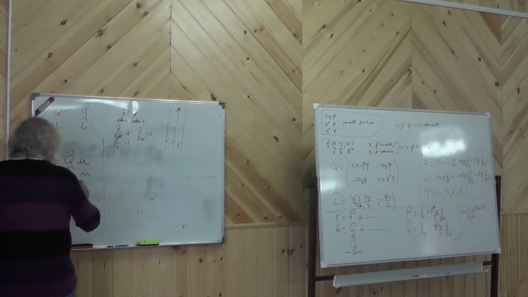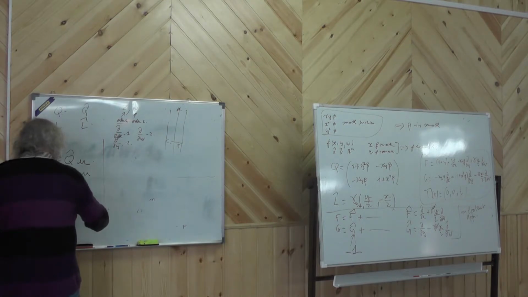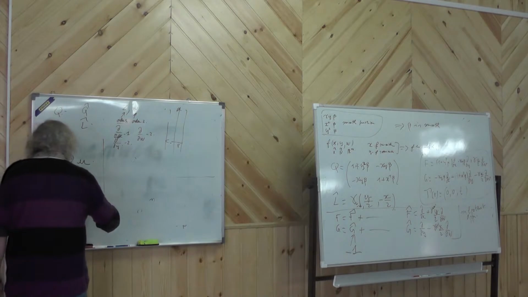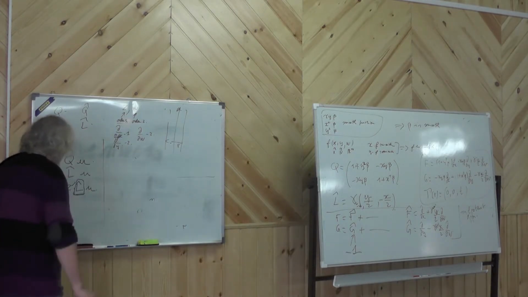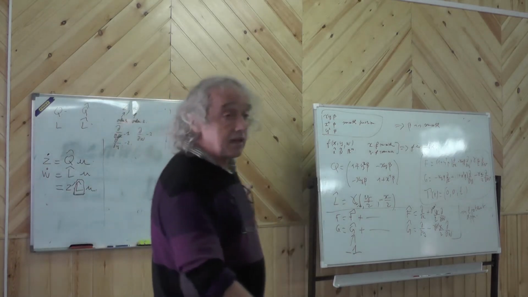This can be rewritten like that. It is Z prime L hat U, where L hat is a constant skew-symmetric matrix.